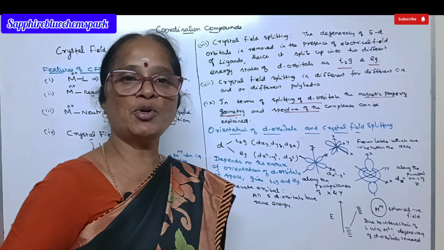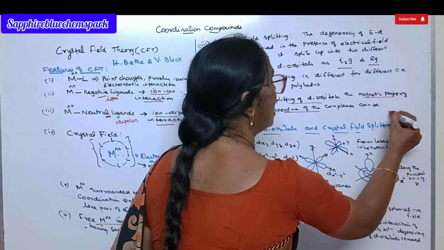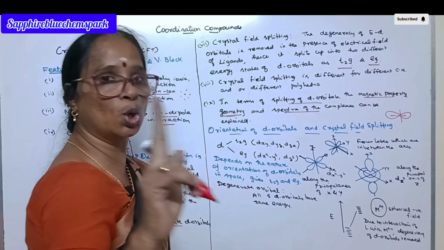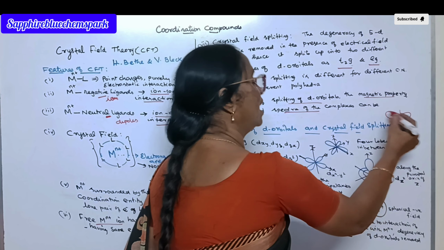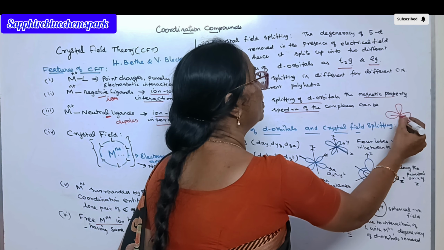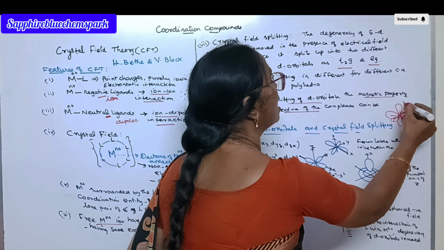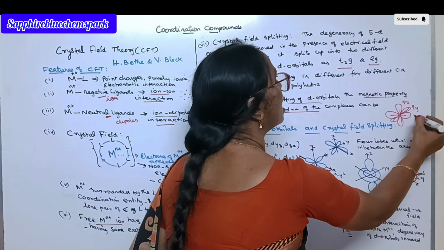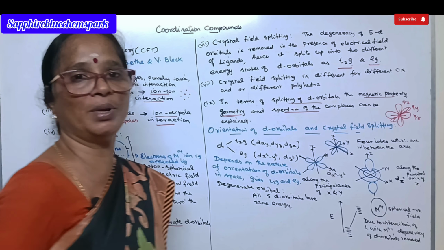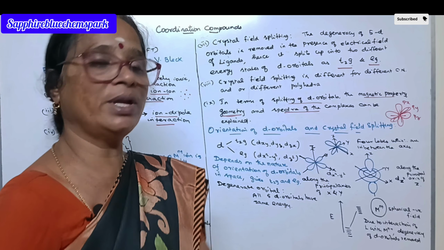The p orbital is dumbbell shaped with 2 lobes lying along the axis. In p orbitals we have 3 sets: px, py and pz. In the same way, d orbitals have 5 orientations.